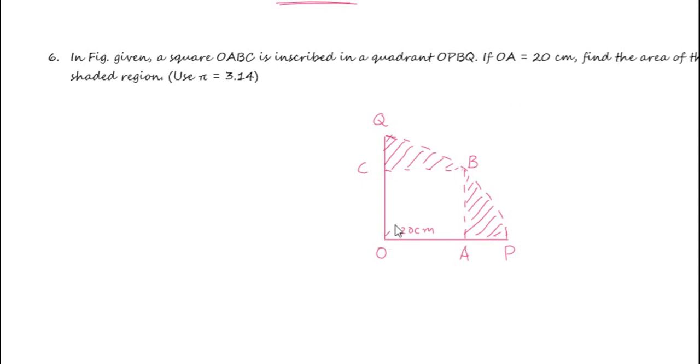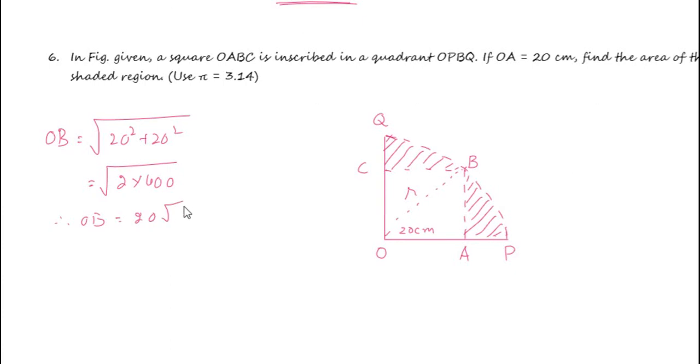Now the radius of this quadrant, this R, that is OB, is equal to the square root of 20 square plus 20 square, that is equal to the square root of 2 into 400. Therefore OB equals 20 root 2.